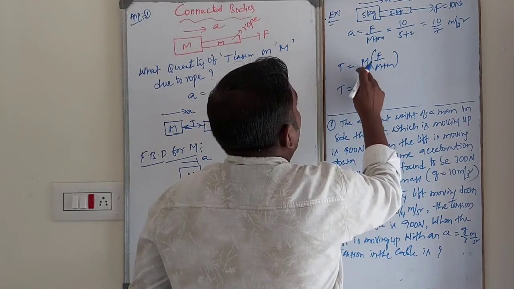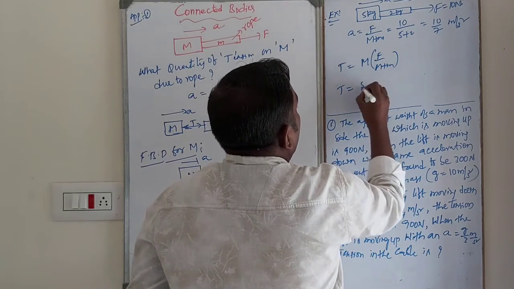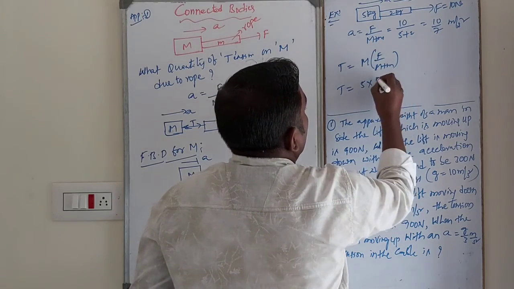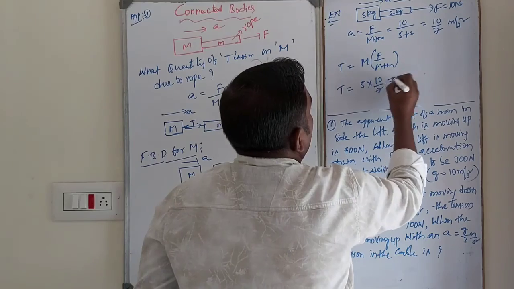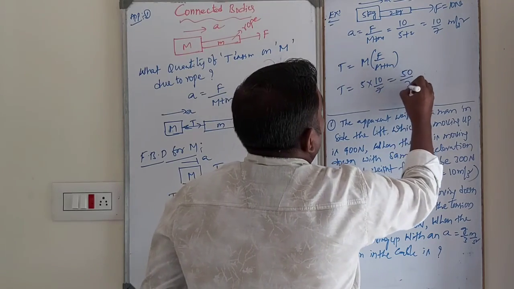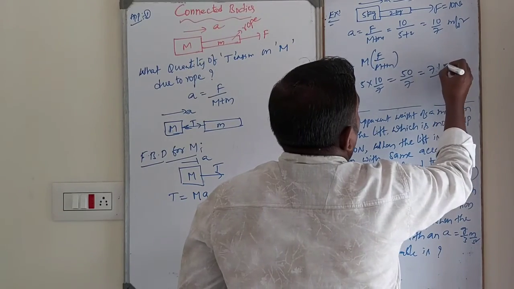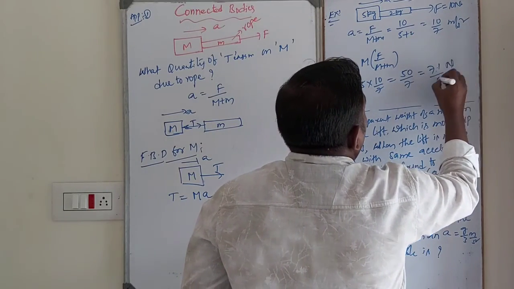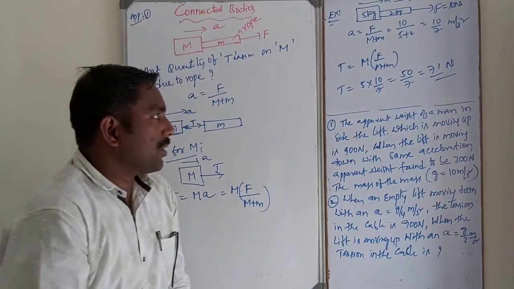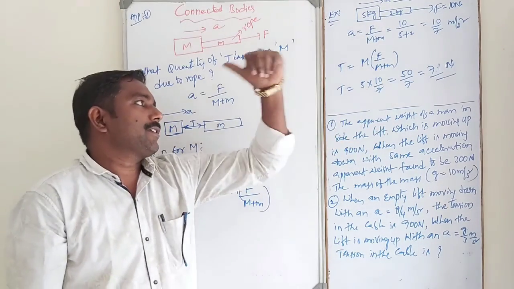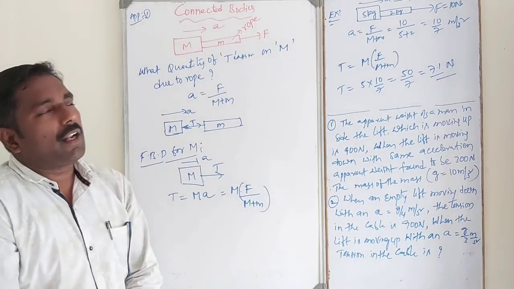Capital M is 5, into acceleration 10 by 7, so 50 by 7, approximately 7.1 newtons. So this is the tension. 50 by 7 is the final answer.